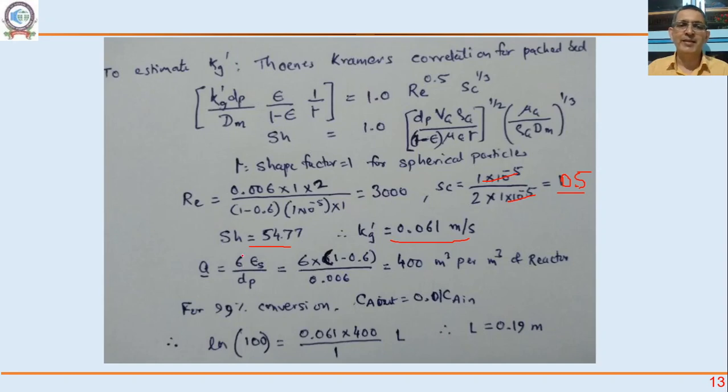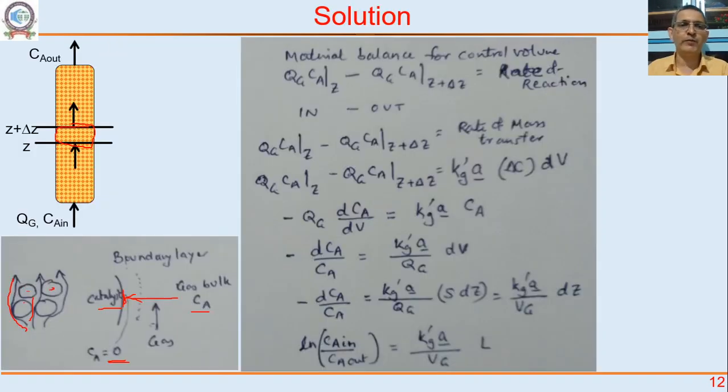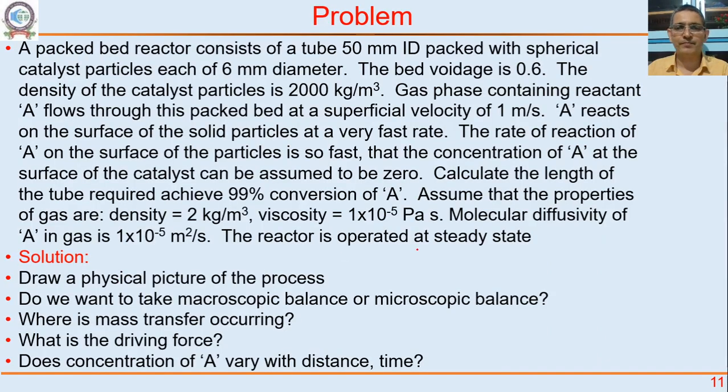Interfacial area is 6 epsilon by dp. If it's a spherical particle, interfacial area is 6 by dp. We multiply by epsilon s because we want interfacial area per unit reactor volume. I want to find the reactor length. The tube is the reactor.